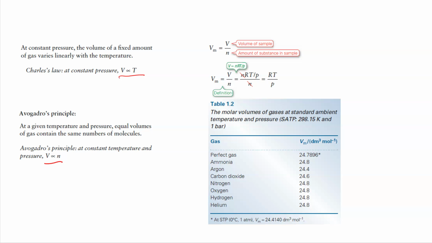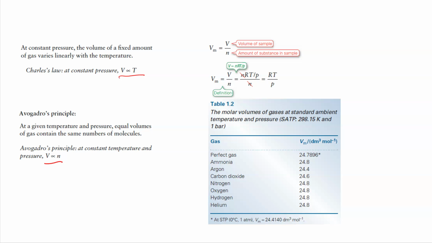Meaning if you hold the pressure and the temperature constant, as you increase the amount of gas, the volume must increase proportionately. And this takes us to a very interesting concept of the molar volume of gas. What we'll see is that the molar volume of gas is the same for all ideal gases, regardless of their molecular size, and that real gases behave very similarly to this under normal pressures and temperatures.